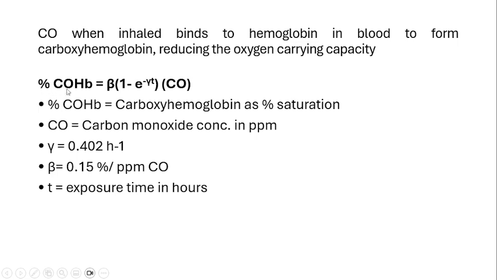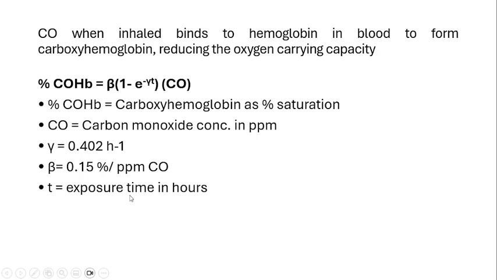So percentage COHP is equal to beta into 1 minus e power minus gamma t into CO. Percentage COHP is the percentage of carboxyhemoglobin, CO is the carbon monoxide concentration in ppm, gamma is 0.402 per hour, which is a constant, beta is 0.15 percentage per ppm of CO, and t is the exposure time in hours.